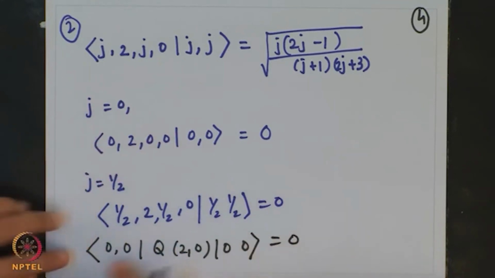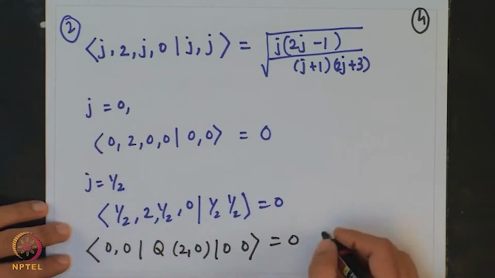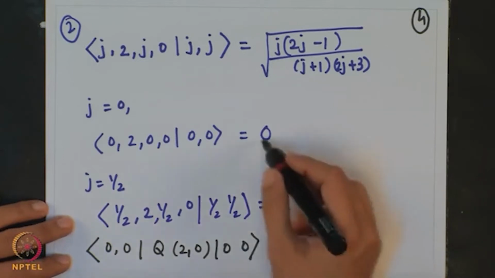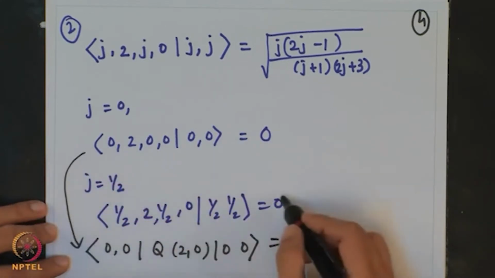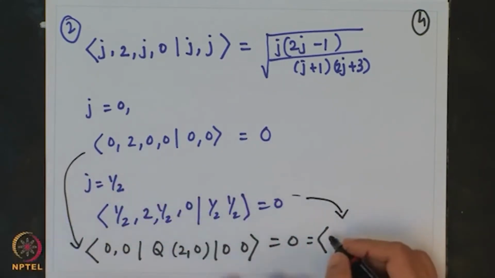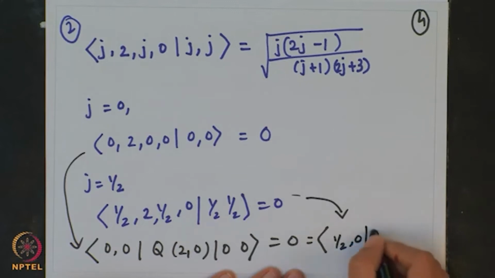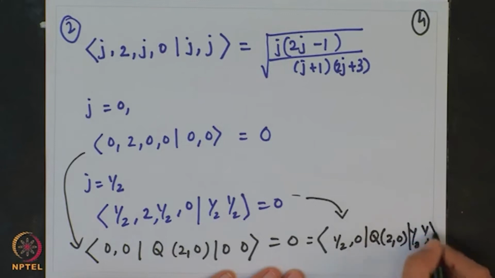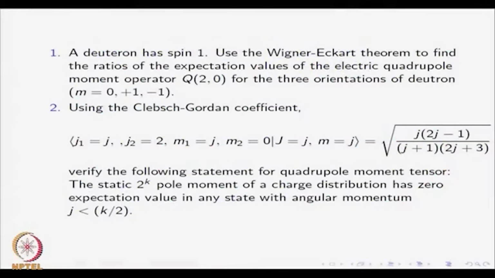This term is 0, and another term is 0, which is the first term, and this will correspond to this, that is I will have here half 0 q 2 comma 0 half half.